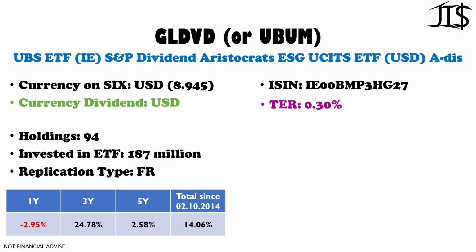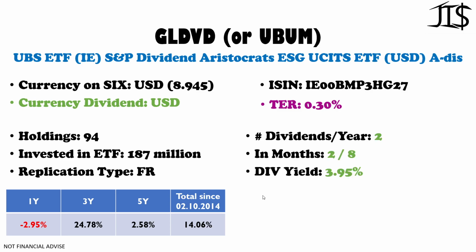The performance over the past years: the first year is minus 2.95%, but you will see this a lot, of course, because last year it wasn't that great. 3 years is almost 25% up. 5 years only 2.6%, and the total since its inception on the SIX is 14.06%.